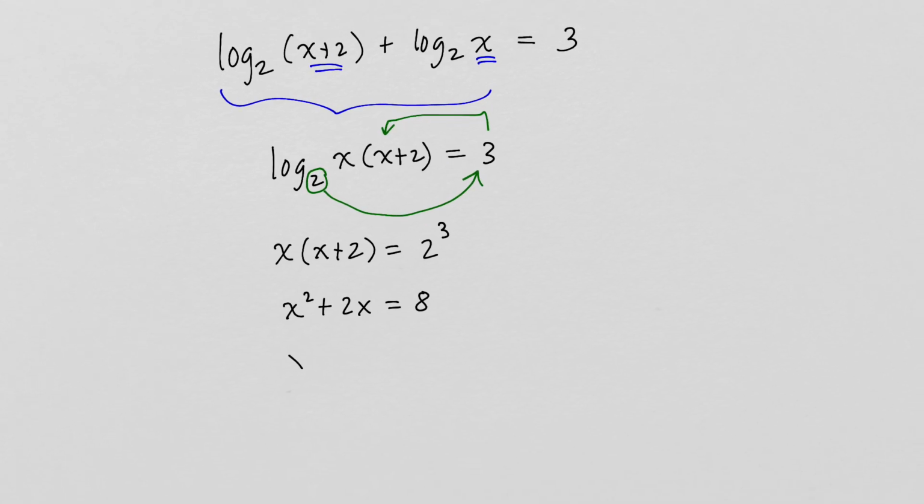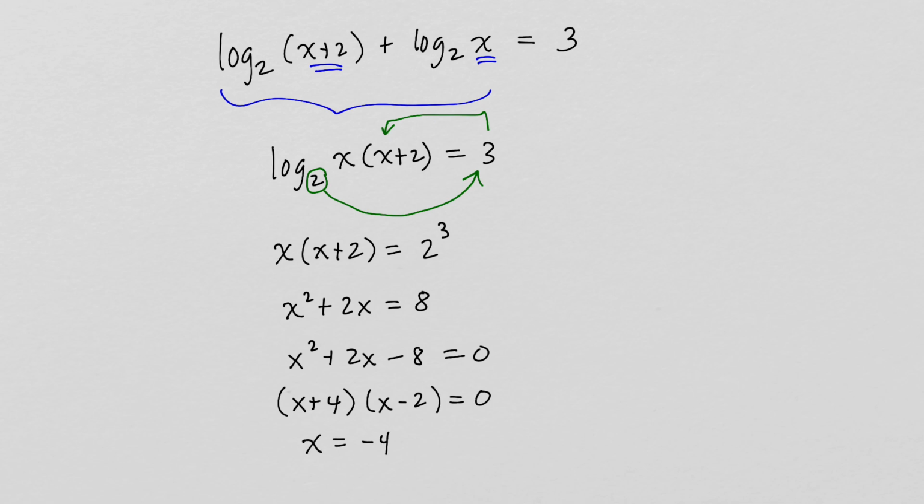Now to solve this equation, of course, this is just a quadratic equation, so we can subtract 8, set it equal to 0, and this one factors kind of easily. And this is going to give us two solutions, x equals negative 4 or positive 2.